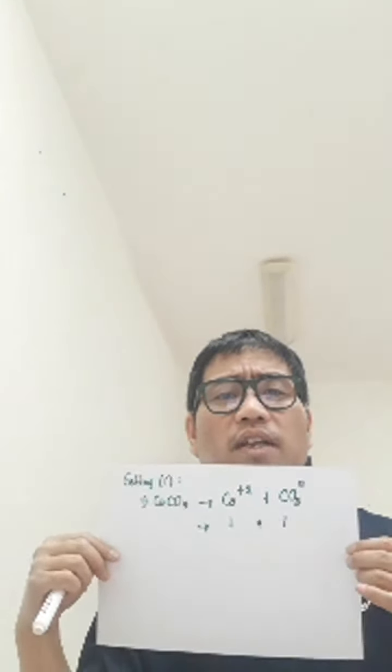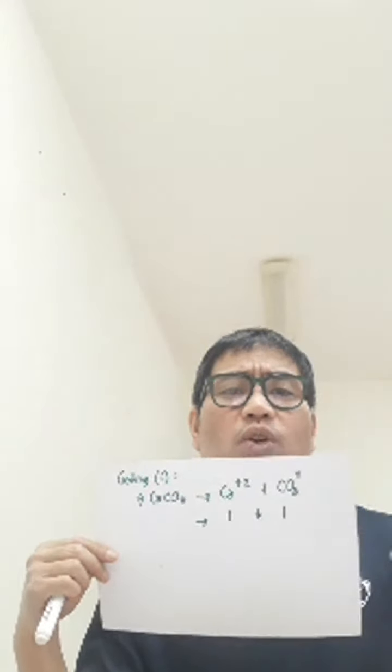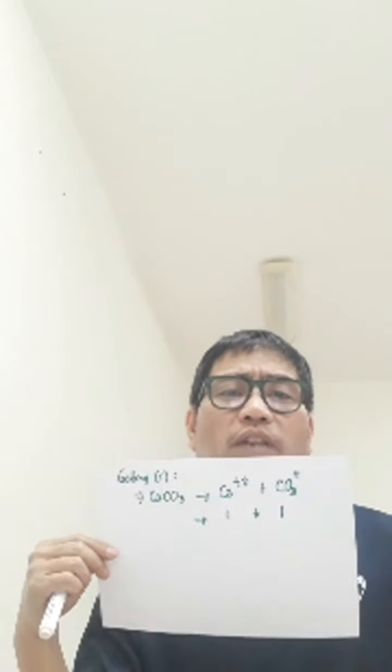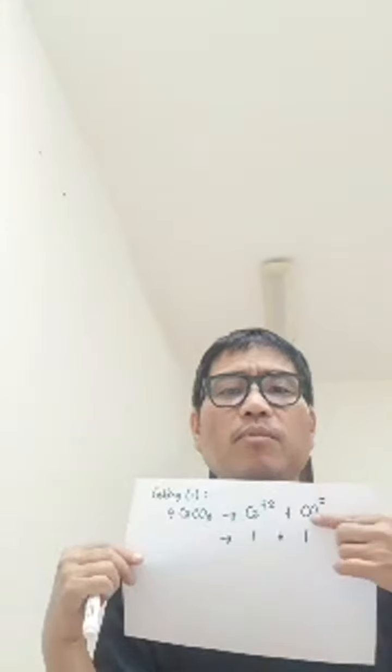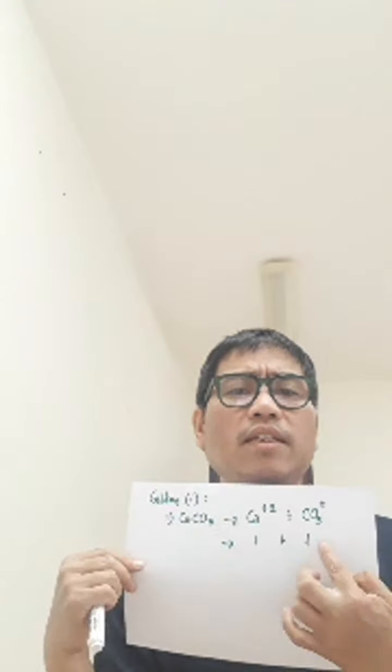This 3 is not the subscript of this compound; this is already a natural polyatomic ion formula. So it's still 1, the subscript of the entire carbonate polyatomic ion. So 1 carbonate here and 1 calcium. So total number of ions is equal to 2. Since we know the dissociation factor is equal to the Van't Hoff factor, so v is equal to 2, and i is equal to 2.